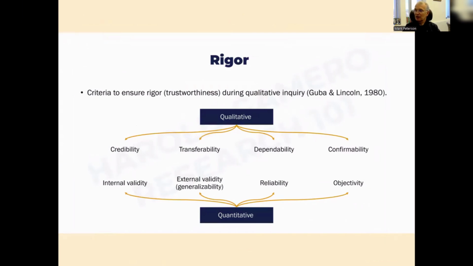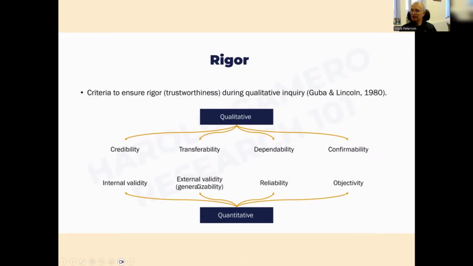Okay, we're going to look at the topic of rigor. In qualitative research, which we looked at in chapter 4, there are kind of mirror images for quantitative research that would be done with surveys, or in analyzing secondary data, or experiments. So there's internal validity: how accurate were the measurements made?